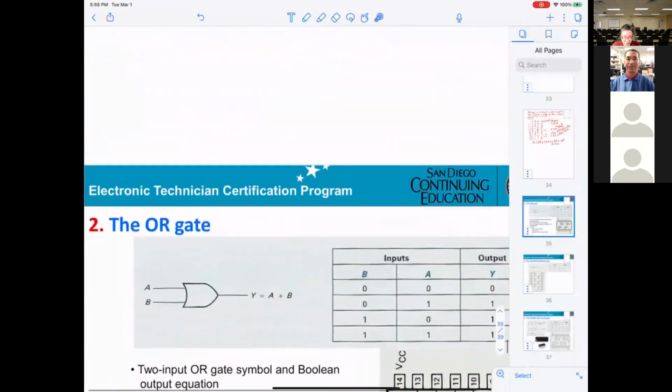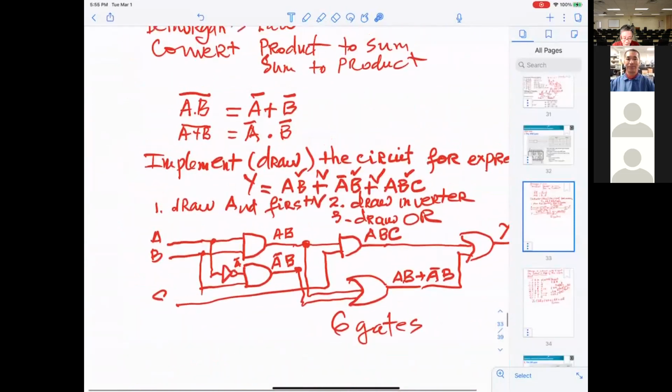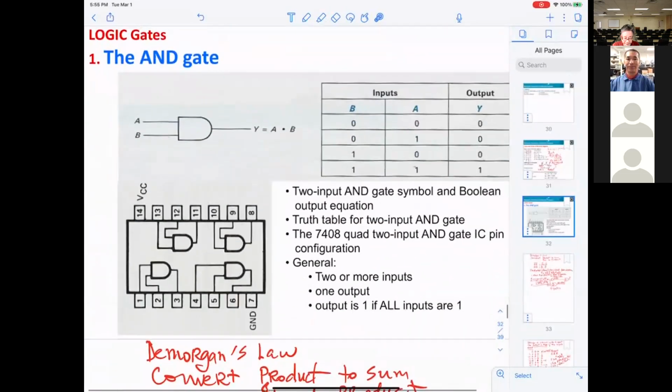Okay, now we already get here. The only thing I want to make sure of is the part for this IC, 7408. If you're looking at this IC, it has 14 pins: 1, 2, 3, 4, 7, 8, 9, 14.